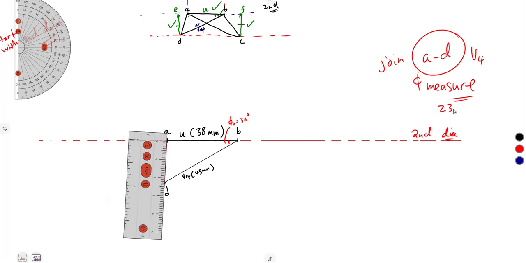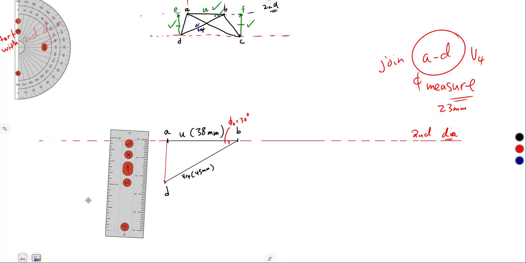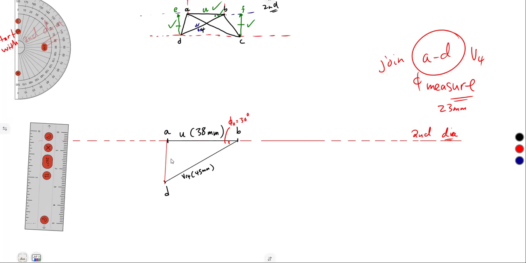So that's 23 millimeters, that's our V4, like I said, approximately 23 millimeters, okay?